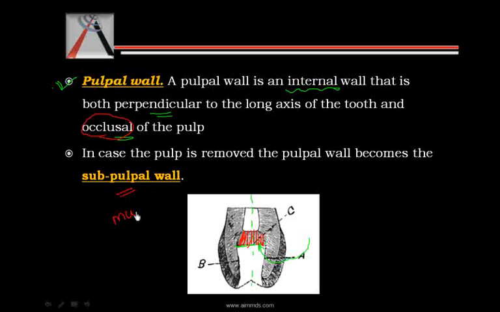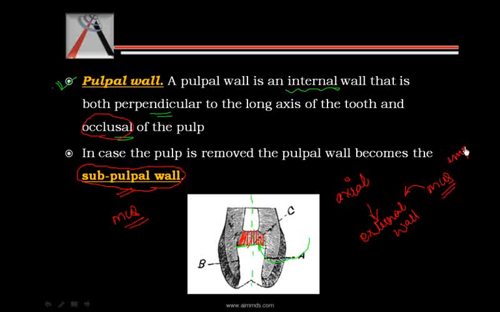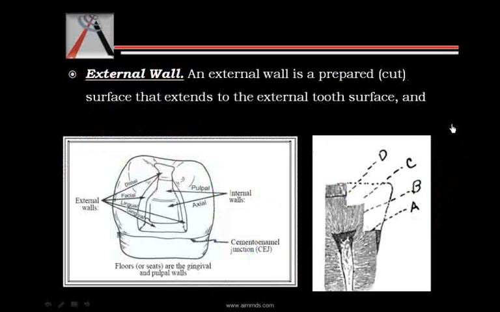This is an important MCQ. So in case the pulp is removed, the pulpal wall becomes the subpulpal wall, while we already saw that the axial wall becomes the external wall. Now we have seen the two types of the internal wall, that is the axial wall and the pulpal wall.